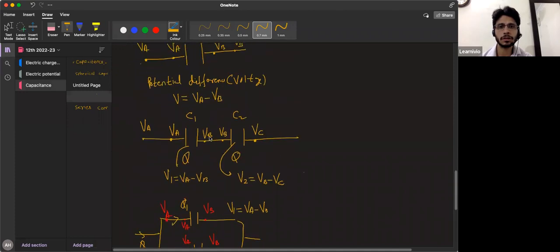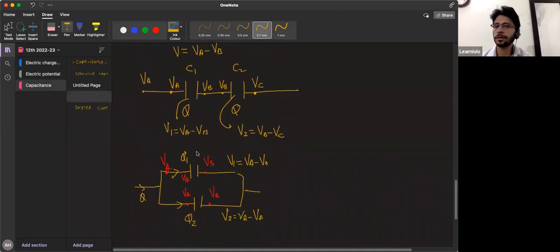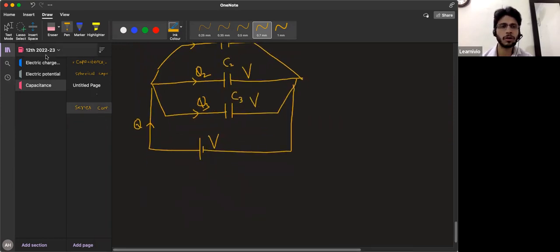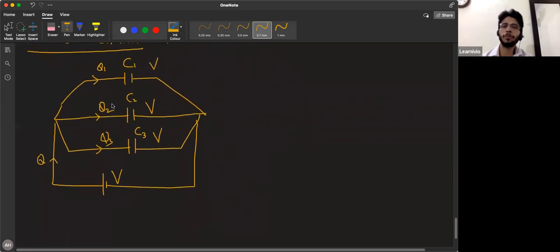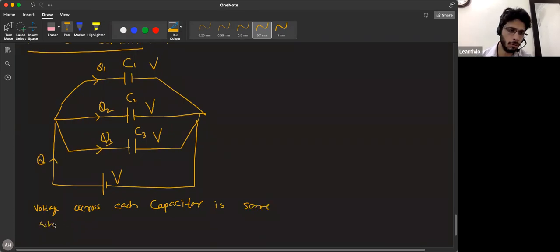See, we did this thing. If two capacitors are connected in this way, end to end, then voltage is same, VA minus VB, VA minus VB. So voltage will not divide, voltage will remain same. So in parallel combination, voltage across each capacitor is same while charge divides.